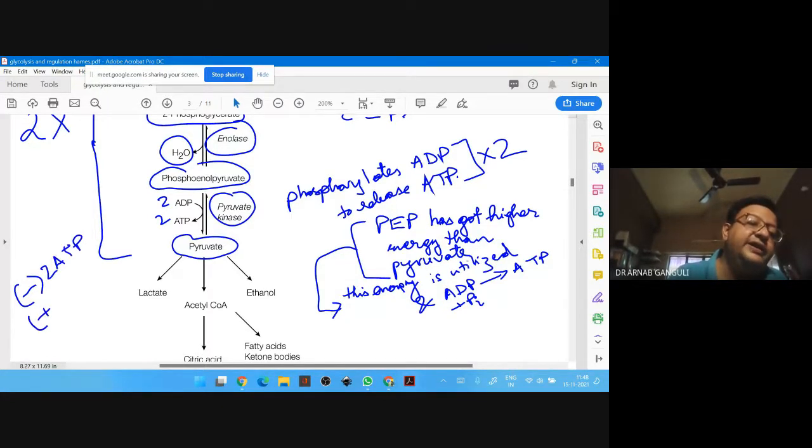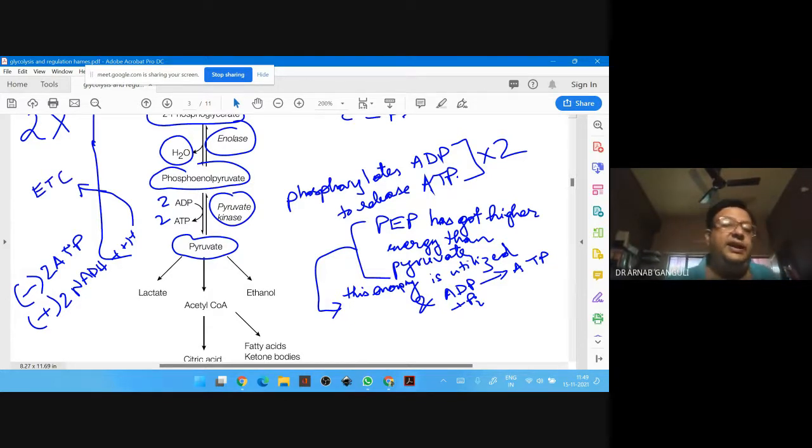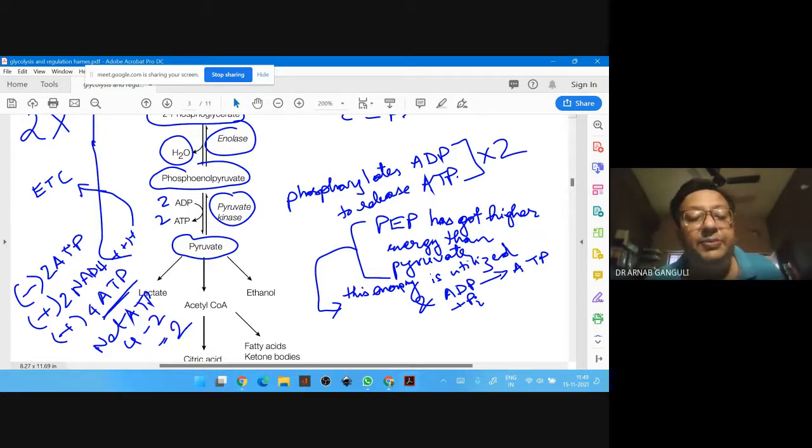But what you have gained is 2 NADH plus H plus, which will go into the electron transport chain. And you have gained 4 molecules of ATP. So what is the net ATP? 4 minus 2, as 2 has been utilized. 2 ATP. Are people clear with this?